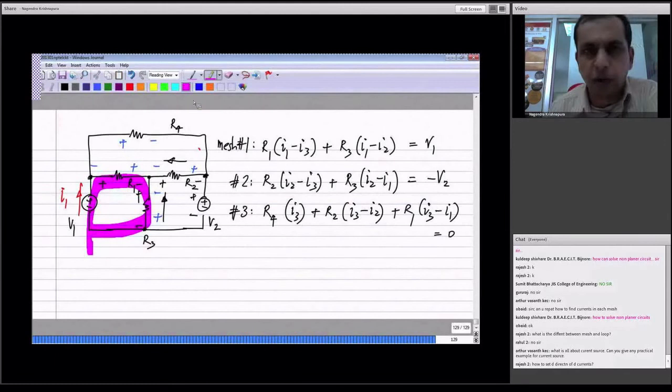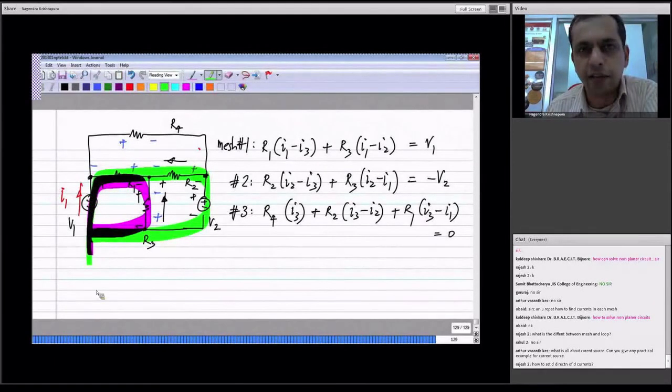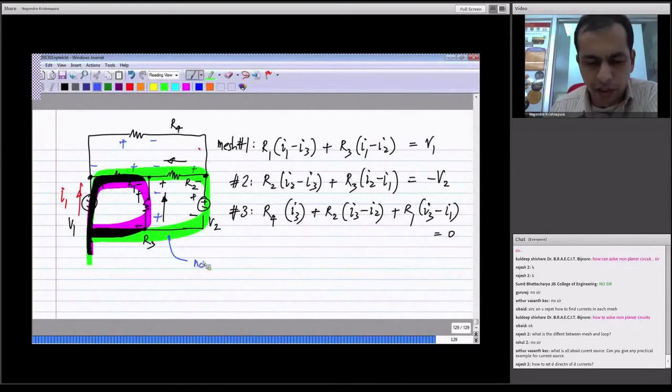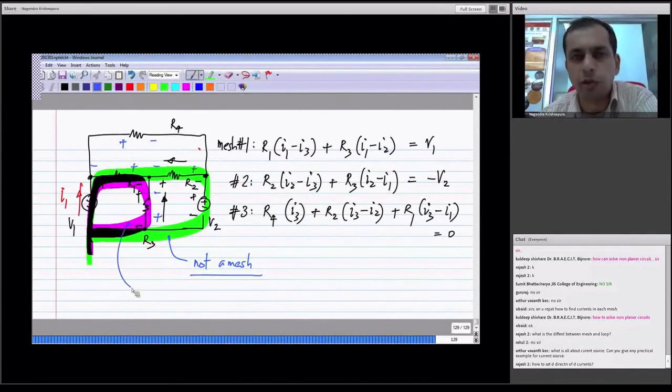But the second one is not a mesh because that loop contains a smaller loop inside. Okay. Hopefully that is clear, whereas this is a mesh. So every mesh is a loop, but every loop is not a mesh. Okay.